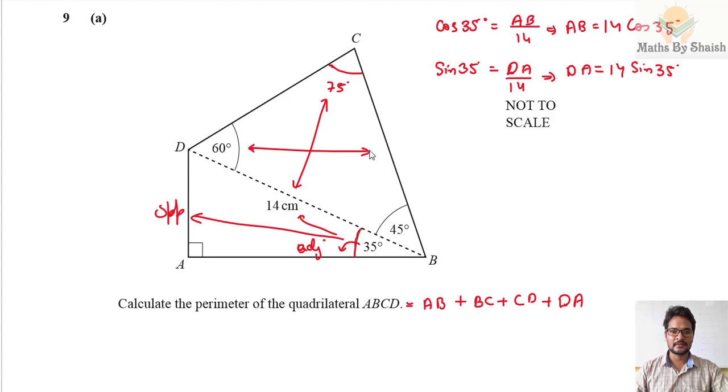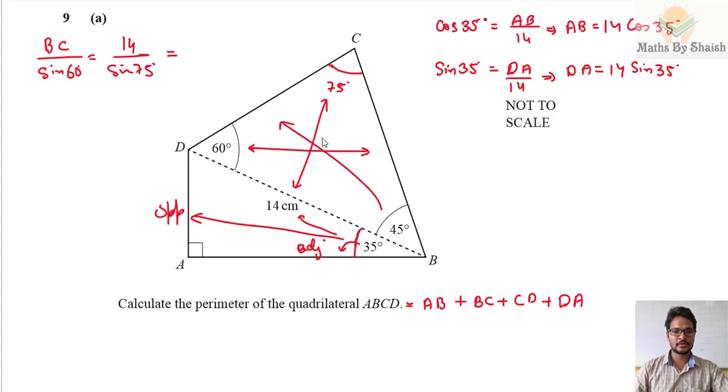So here we have, let's say, BC and 60 degree. So by sine rule it means BC upon sine 60 degree is 14 upon sine 75 degree, and it would be same as the opposite to 45, that is CD upon sine 45 degree. So let's take these two values to get BC value.